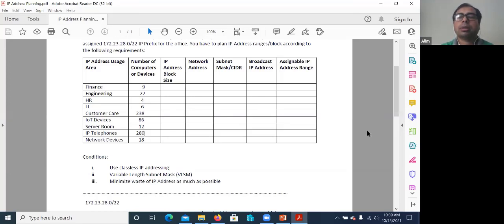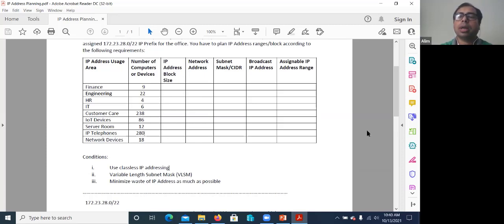But in classless or variable length subnet mask, these are not fixed. They are not just multiples of 8. They can be somewhere between 8 and 32.